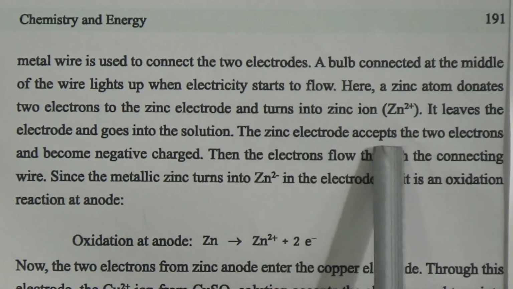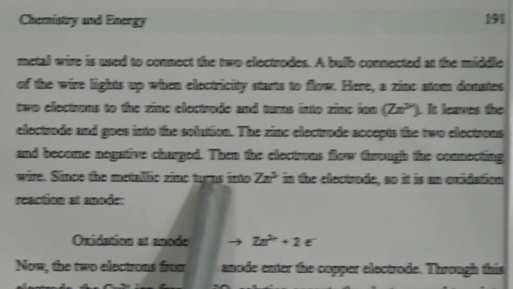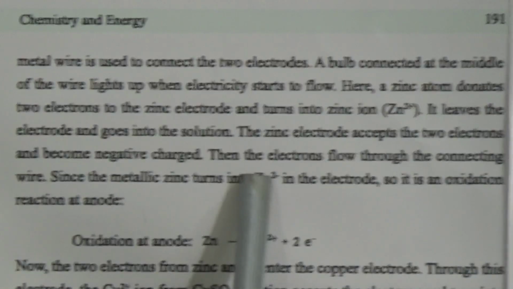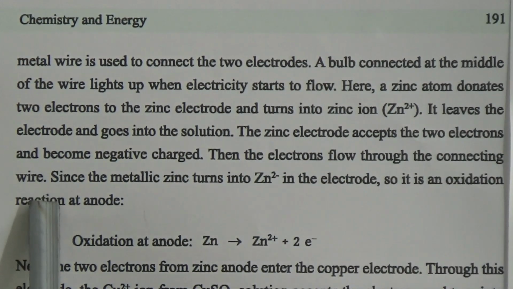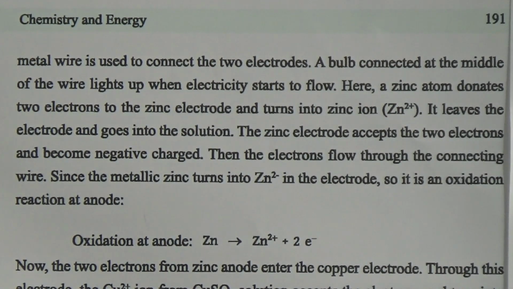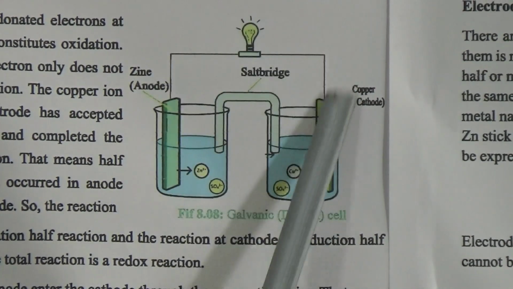The zinc electrode accepts 2 electrons and becomes negatively charged, and then the electrons flow through the connecting wires. That means the donated electrons go from one side to the other. From the zinc portion it goes to the copper portion.